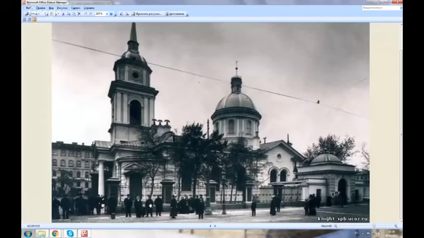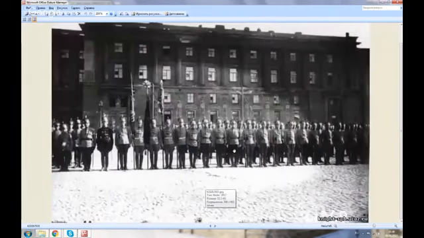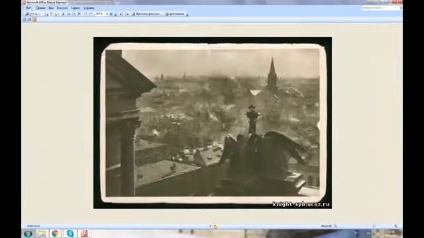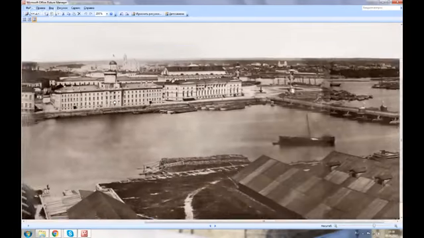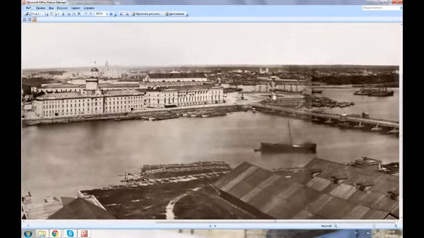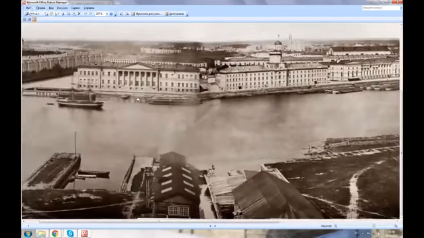20th century, you can see more people here. 20th century, a bunch of people. A couple of ships and nobody on the streets.